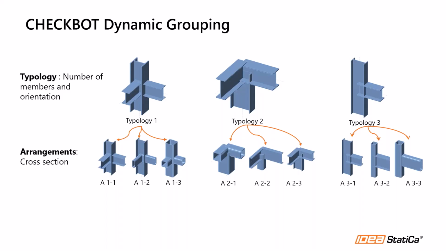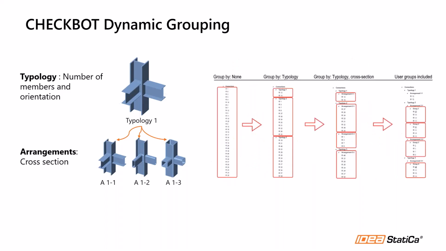Even if you have a Checkbot model created already and you open it in this new version, you will see how this is done in your structure. Then there is a third level, which we call user groups. Those can be defined from the arrangements by the user, and each arrangement can have different groups as the user decides.